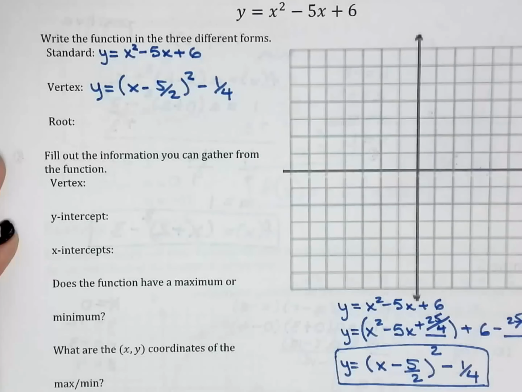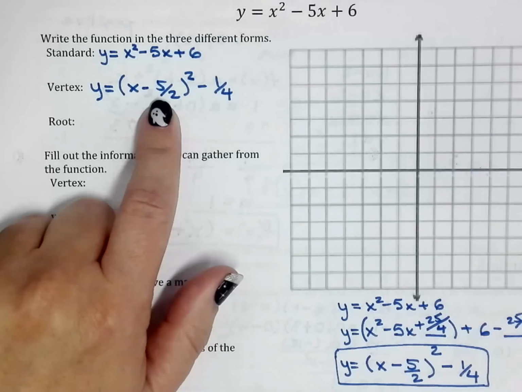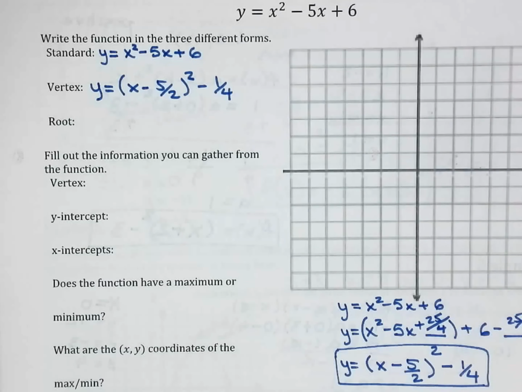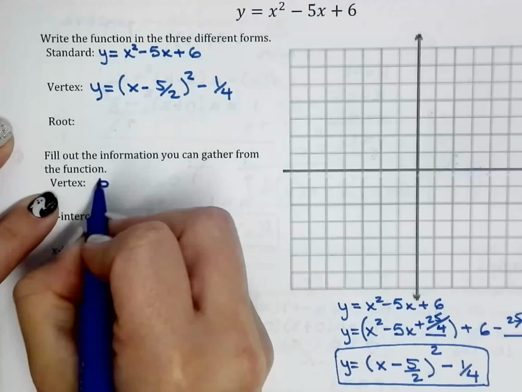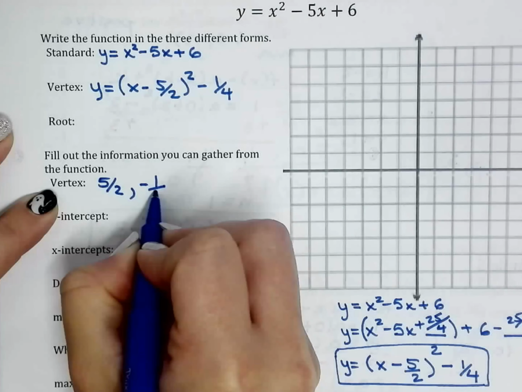All right, let's graph this, or do the best we can to graph this. So the vertex is 5 over 2 and negative 1/4. So it would be right there somewhere. 5 over 2 is right there, negative 1/4.